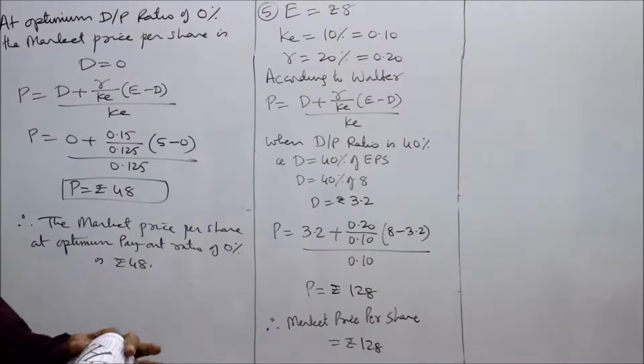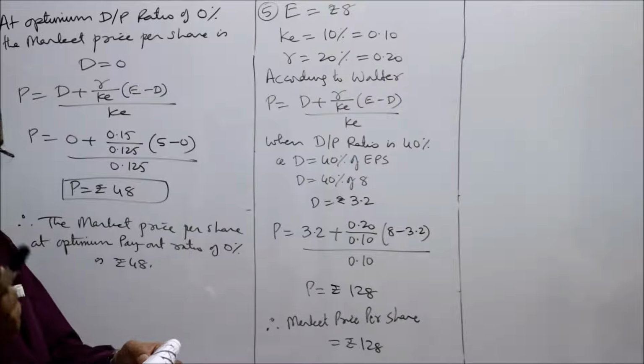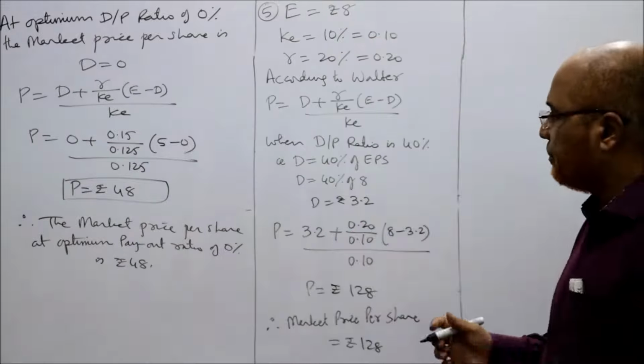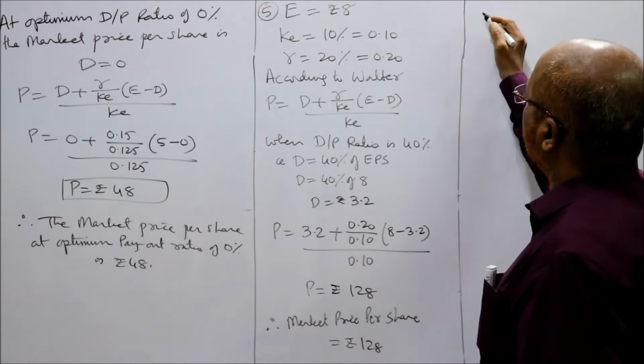Now, it is asking what the market price per share is at the optimum payout ratio according to Walter's model. What is the optimum payout ratio according to Walter's model?